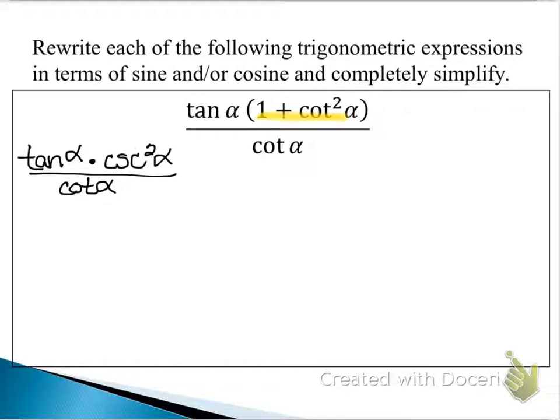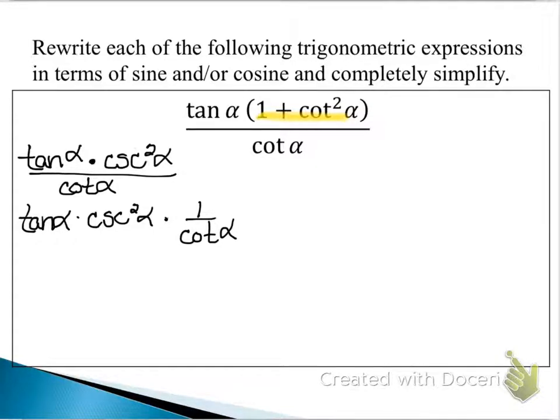What I'm going to do is, I know that if I was to rewrite this, if I've got tangent alpha times, let's see, I'm just going to go ahead and keep it this way because I don't want to throw too many steps all at the same time, times 1 over cotangent alpha. Well, this is a reciprocal identity. 1 over cotangent alpha is going to be tangent.